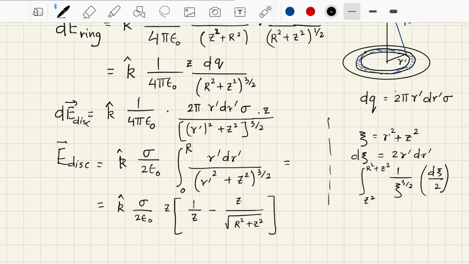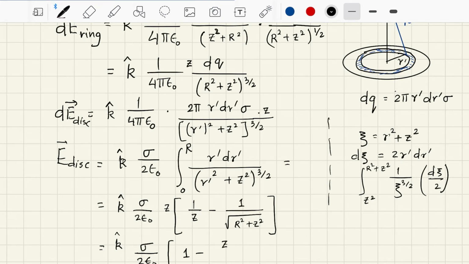This can also be written by taking z in, that is sigma by 2 epsilon naught. I'll take z in, and that becomes 1 minus, sorry, this was only 1 here because of the integration.